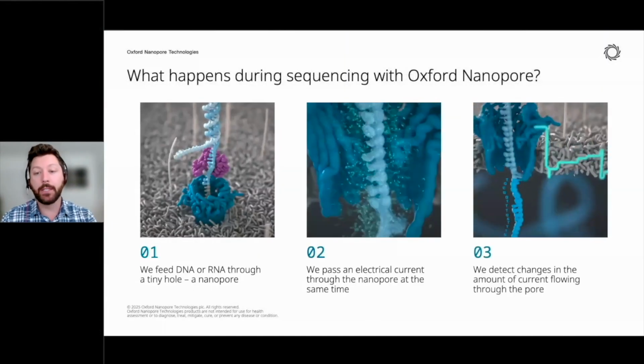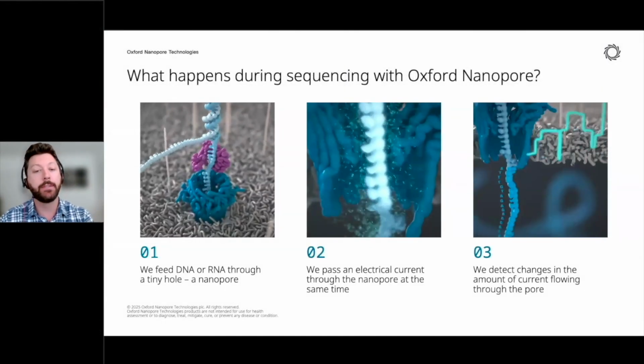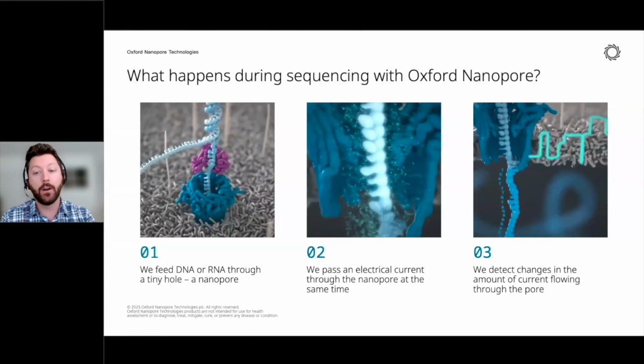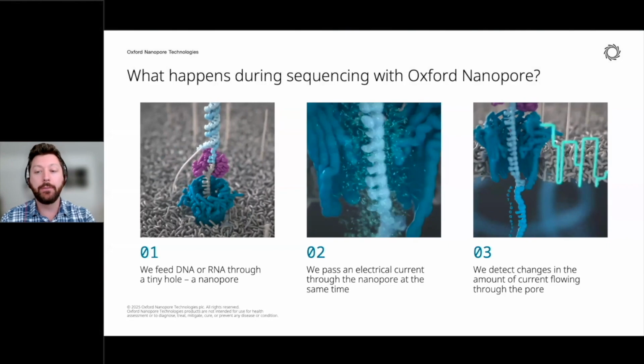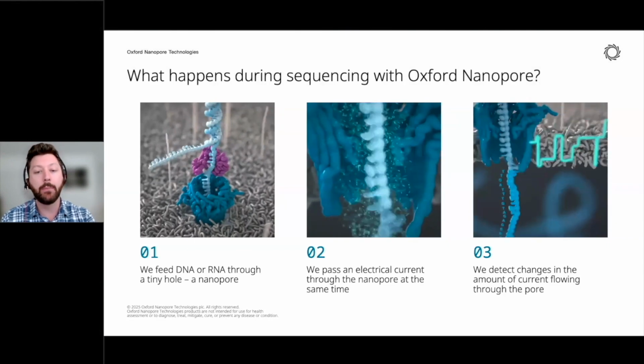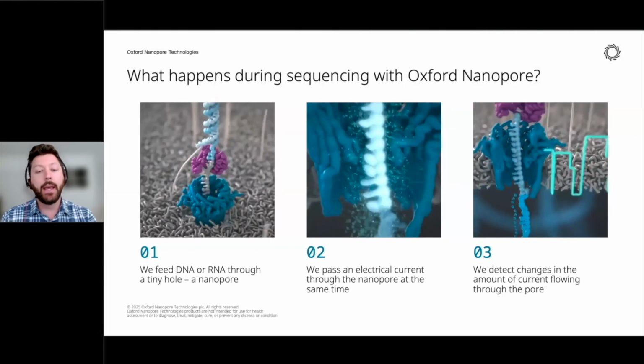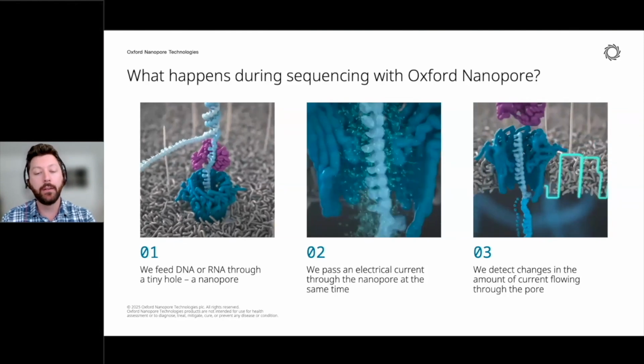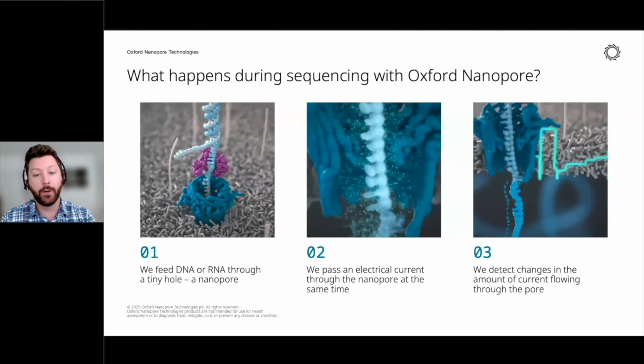So just for a bit of background, let's walk through what happens during the process of sequencing with Oxford Nanopore. First, we take a strand of DNA or RNA, and a motor protein feeds it through a tiny protein nanopore embedded within a membrane. As the molecule passes through the nanopore, we apply an electric current across the membrane, which creates an ionic flow through the pore.